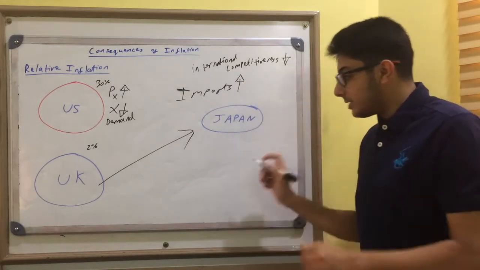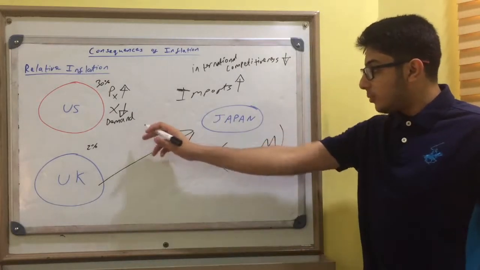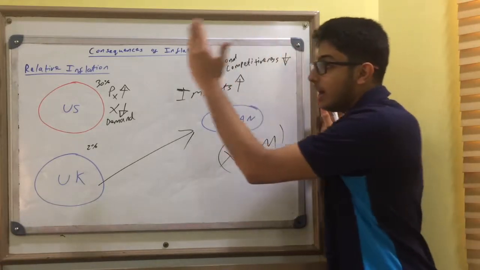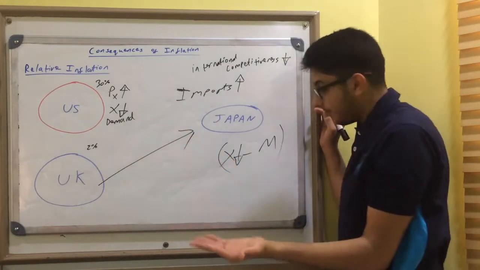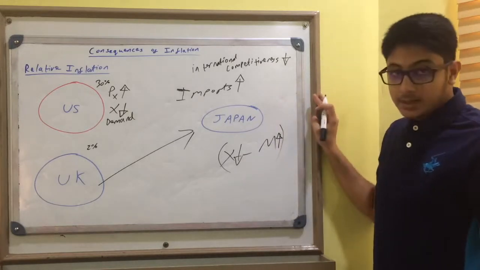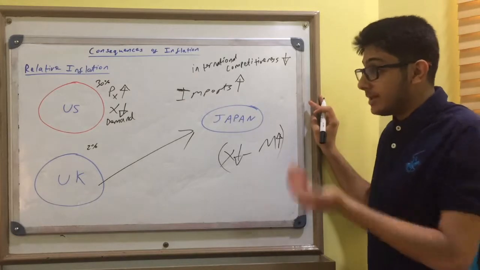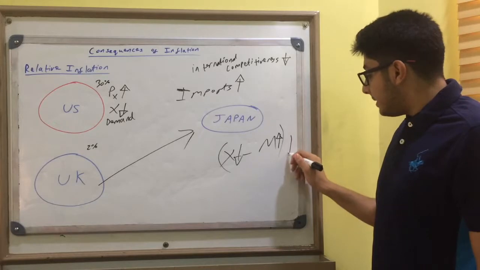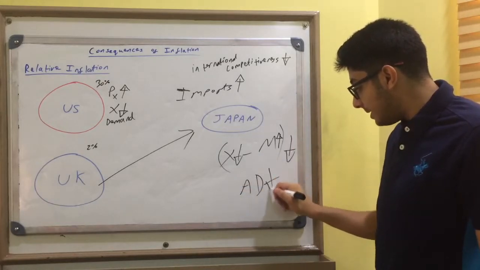Now this has an effect on net exports. Demand for exports decreases because of loss of international competitiveness, because our relative inflation is high and the price of our exports is high. And demand for imports increases because imports are relatively cheaper compared to buying domestic goods. So, net exports decreases, which is a component of aggregate demand, so aggregate demand decreases.